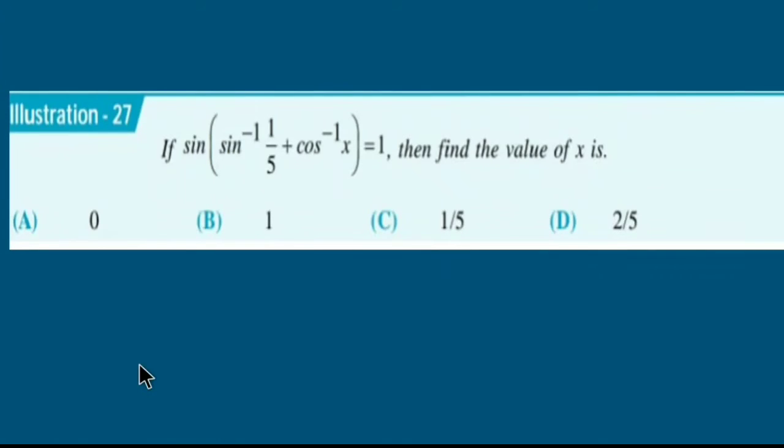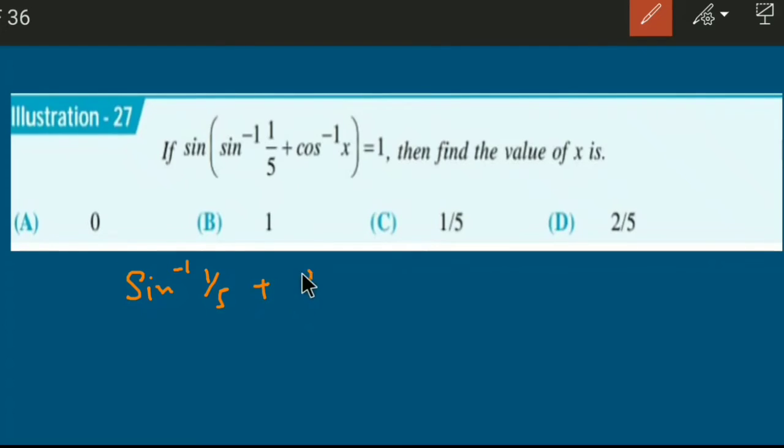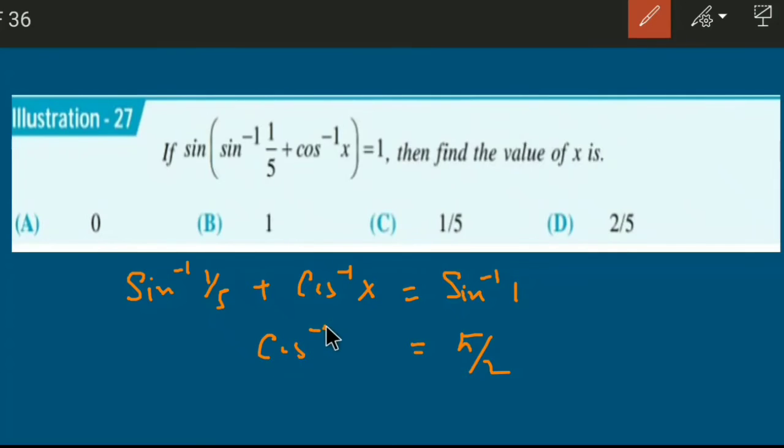Okay, here you can see that you can take this sine inverse to the right side. So sine inverse 1 by 5 plus cos inverse x is equal to, some students can recall, sine inverse 1, and sine inverse 1 you all know we can write as pi by 2, and hence we can evaluate this cos inverse x.